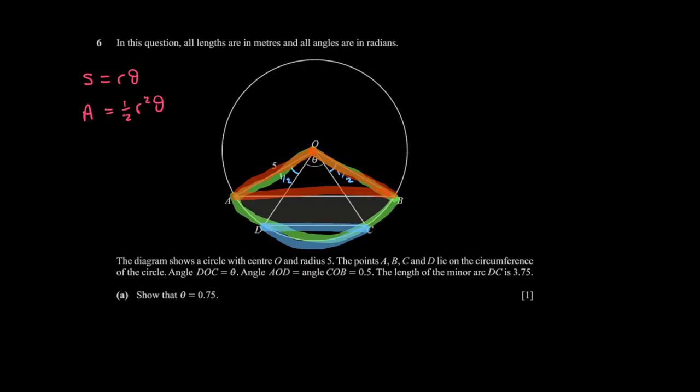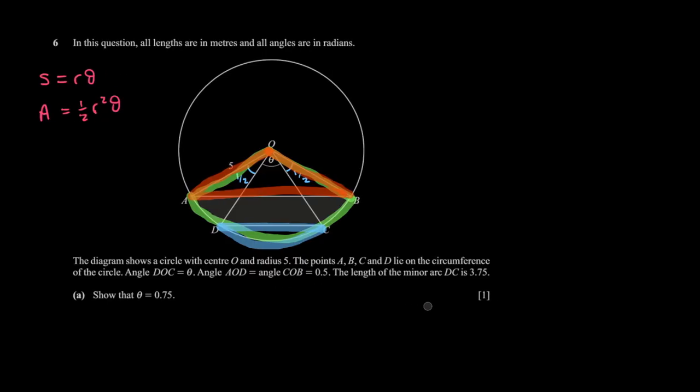So let's get the area of the green guy first. So the area, I'll call it area green, is going to equal a half r squared, so radius squared, 5 squared, times by theta, and that angle is going to be the 0.75 plus 1, so 1.75 or 7 upon 4.